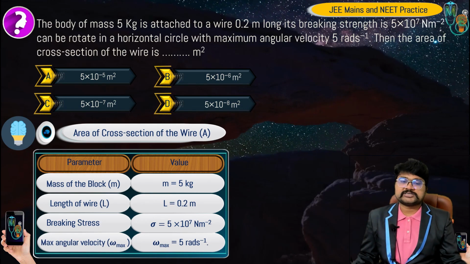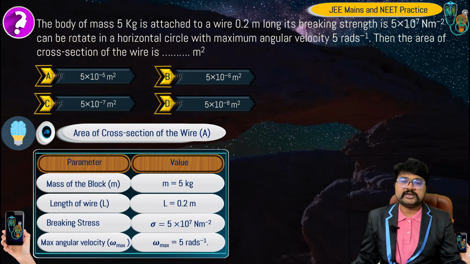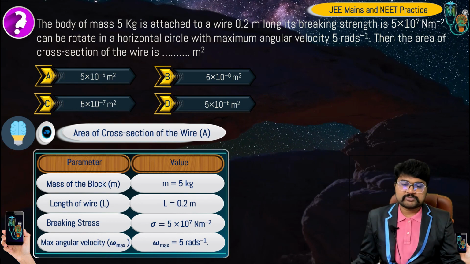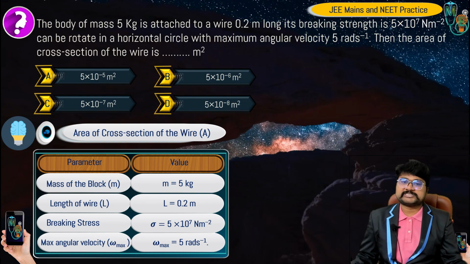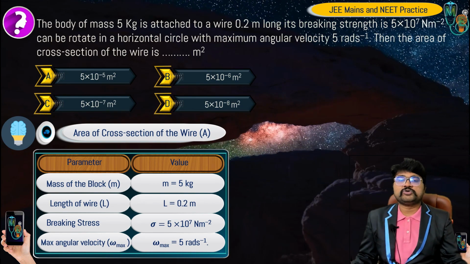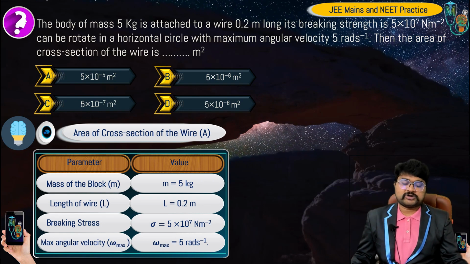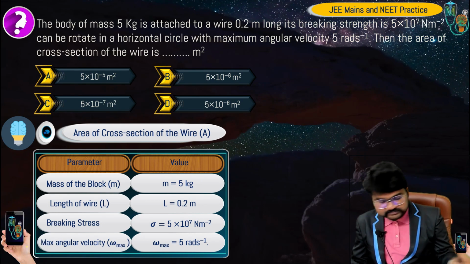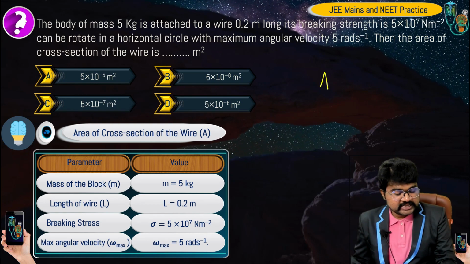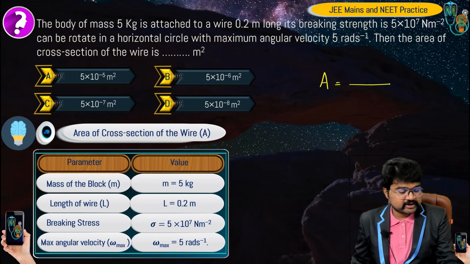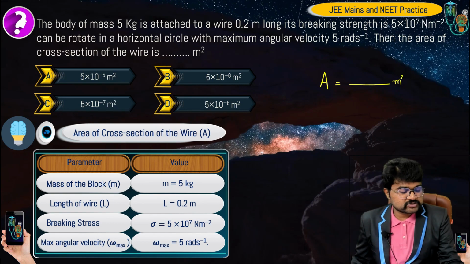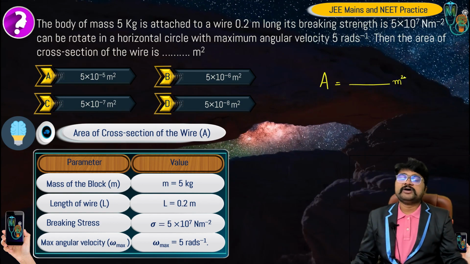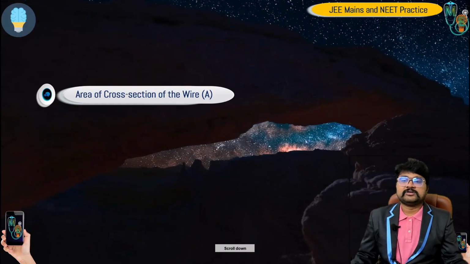Angular velocity of the body in horizontal circular motion, 5 radians per second, is given. They are asking you to determine the area of cross section of the wire. What is the question asked? What is the area of cross section of the wire, dash meter square. That is the question. Try to solve this problem.